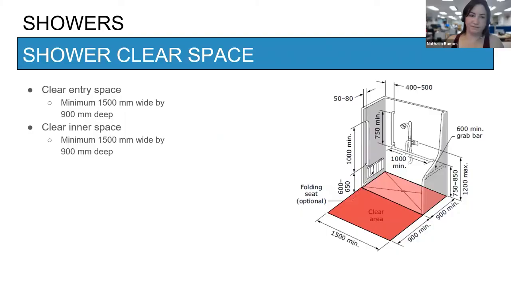Showers. In front of the shower, you have to have a clear space of minimum 1500 wide by 900 deep.